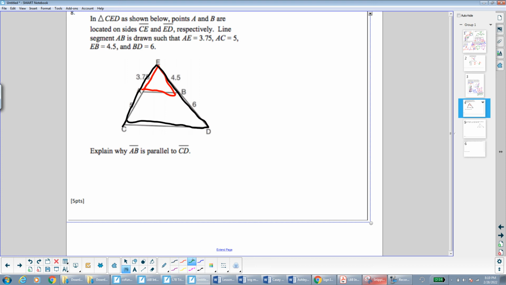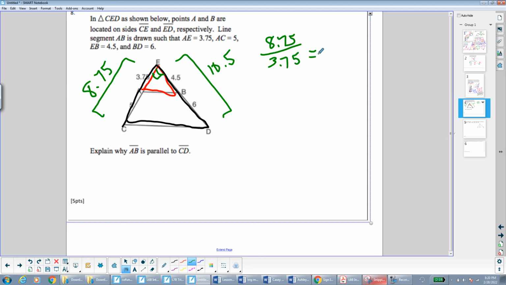I see that they share angle E by the reflexive property. And this whole side is, what is that, 8.75. And this whole side is 10.5. Let's figure out what the scale factors of the corresponding sides are to see if they're proportional. So 8.75 over 3.75, on my calculator, that gives me 2.333 repeating.